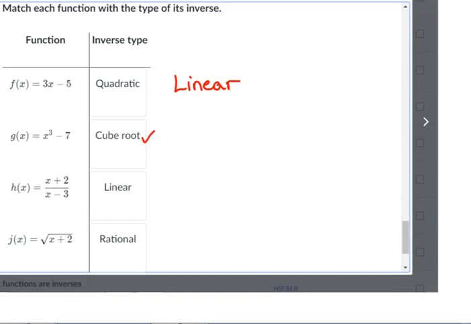So that one was in the right place. X plus 2 over x minus 3, that was a rational function. Its inverse was rational. If we start with a square root, its inverse is going to be quadratic. So what operation will undo the main operation that you're looking at the moment? That's what's going on there.